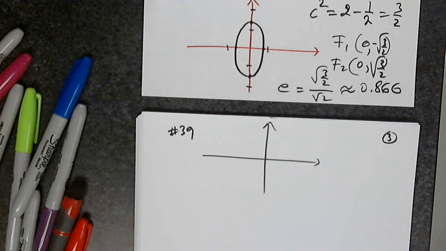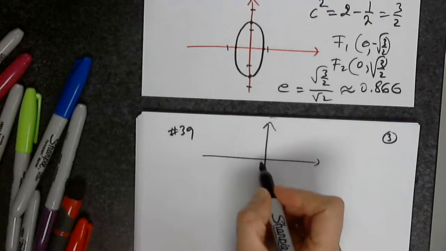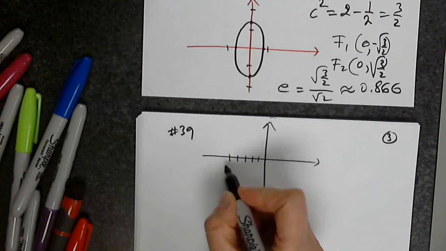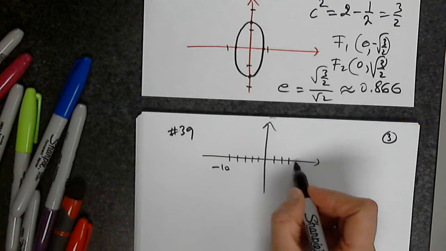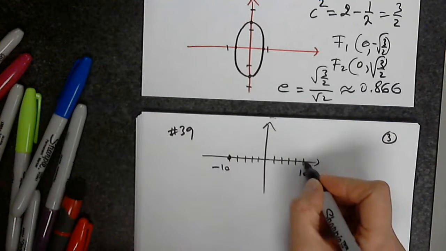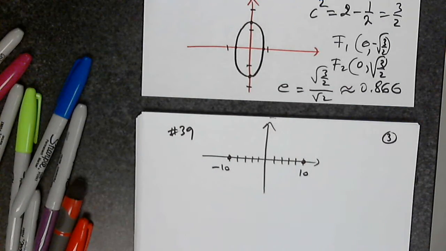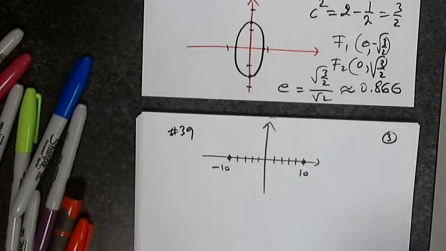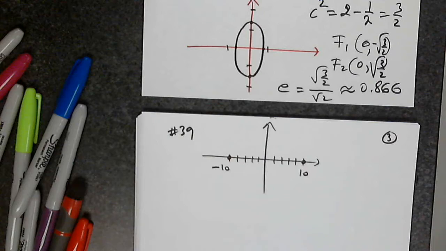Which axis is this on? X. Very good. So I'm going to say 2, 4, 6, 8, 10, negative 10, 2, 4, 6, 8, 10. In other words, the ellipse has to go through these points because that's the major axis. Distance between foci, so I don't know where they are, but the distance is 6.